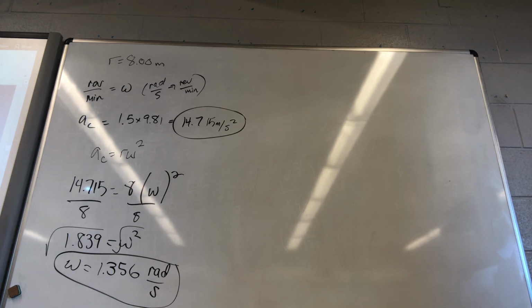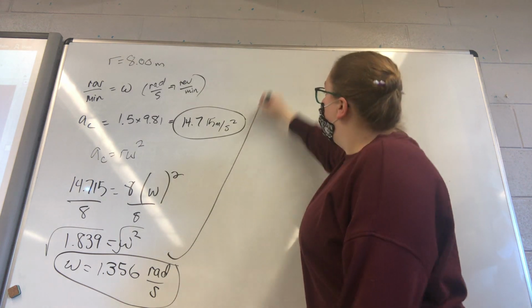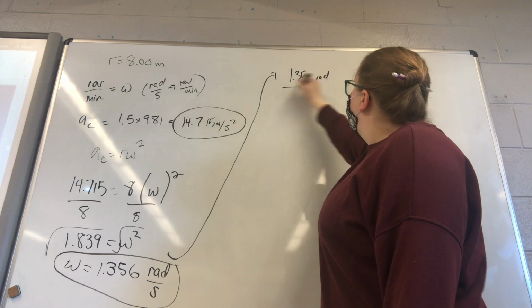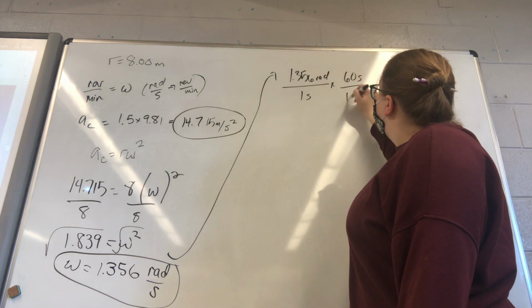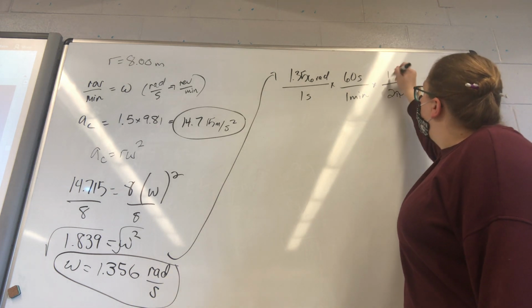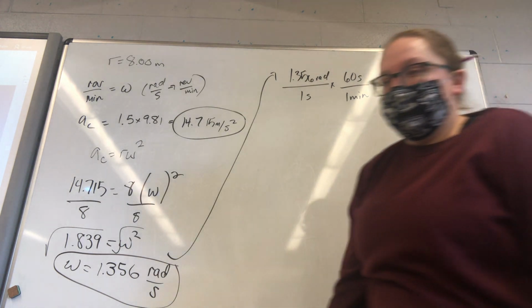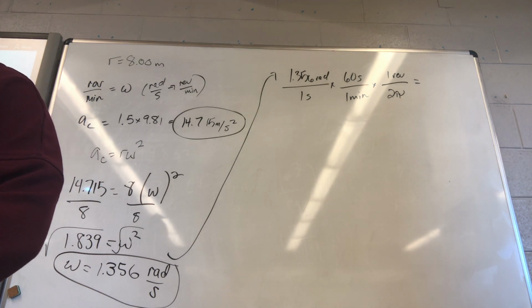So the next step, revolutions per minute. Remember to put your 2 pi in parentheses. 4.95.